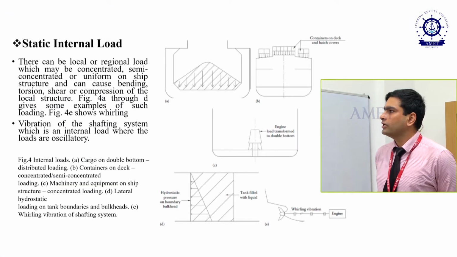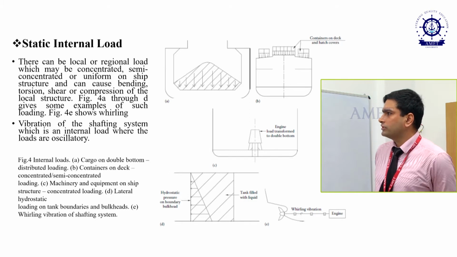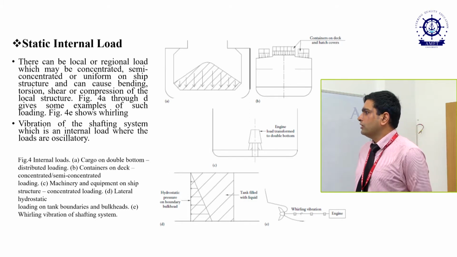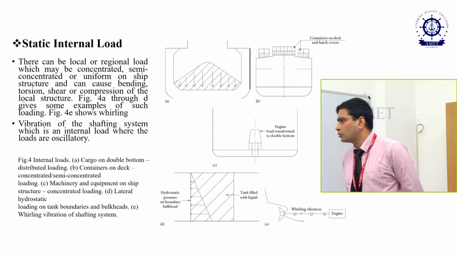Let us also see how a static internal load affects the ship. If you see the first diagram, there is a cargo load which has been added, and all these loads are coming vertically downward.